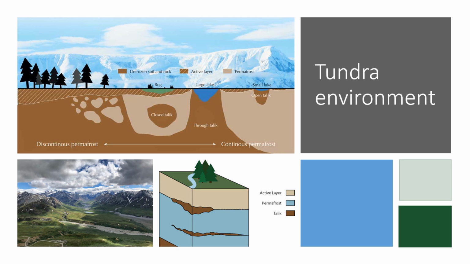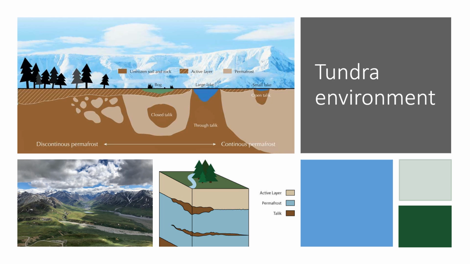So we mentioned permafrost already. These periglacial environments have a tundra biome, and that's very much influenced by the permafrost beneath it. Permafrost means permanently frozen ground. So the water within the ground is frozen solid. Now this can vary. The top diagram we have here shows a continuum.